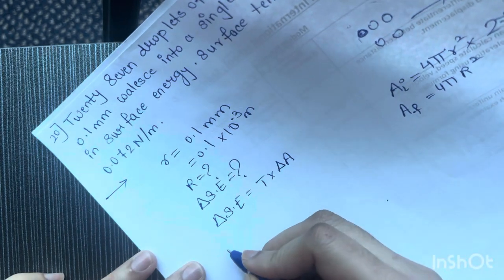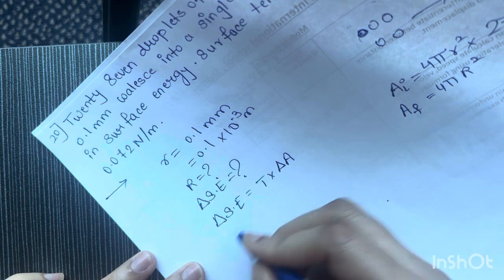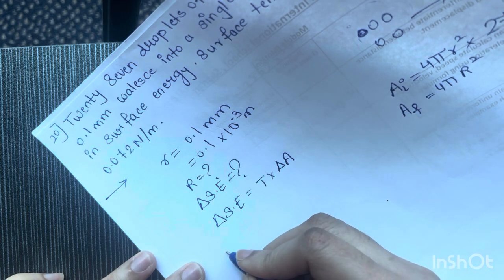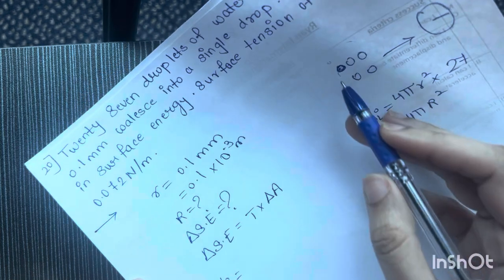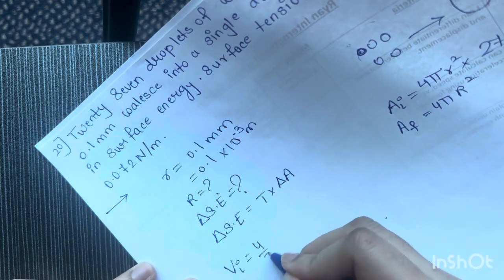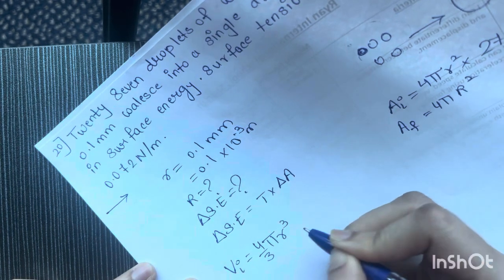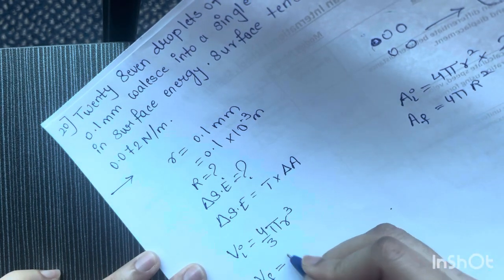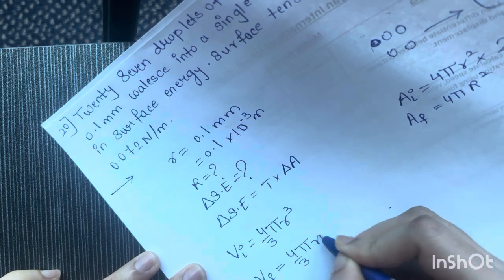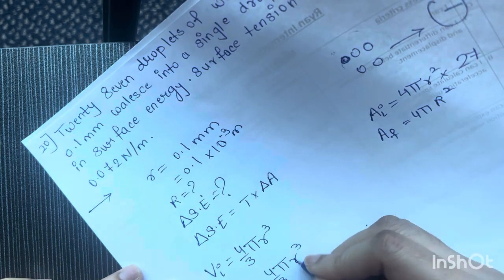So let's find out how. By comparing volumes. The volume of one small droplet is 4 upon 3 pi r cube. This will give you the volume of one single droplet. And 4 upon 3 pi capital R cube will give you the volume of the bigger droplet.